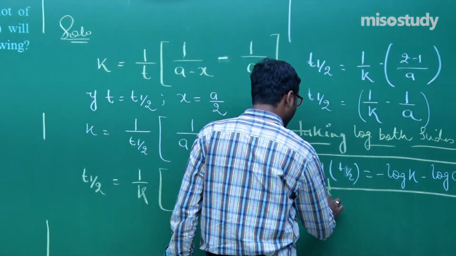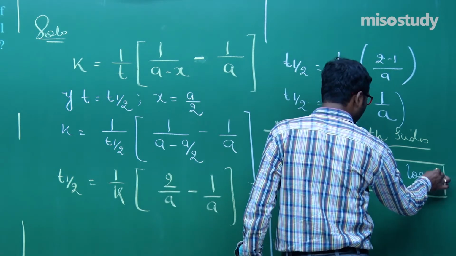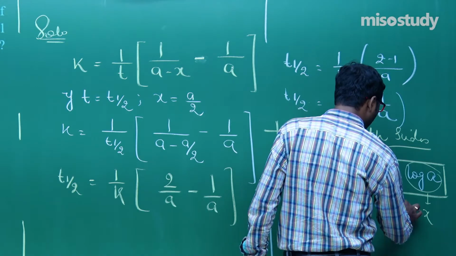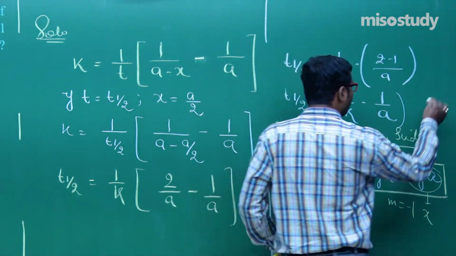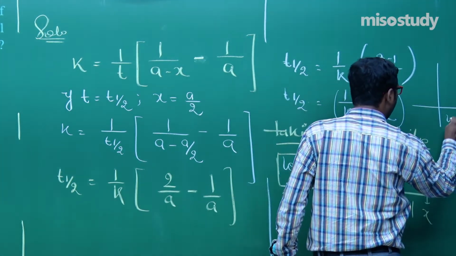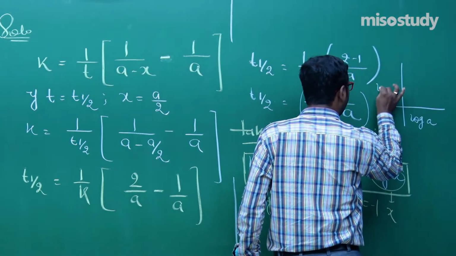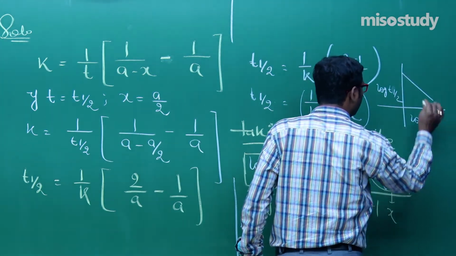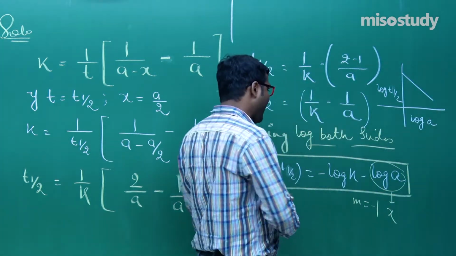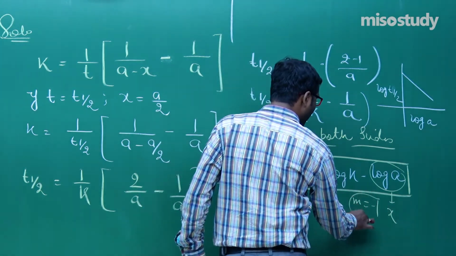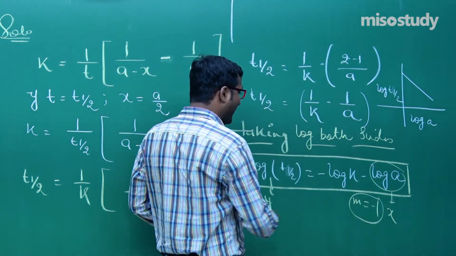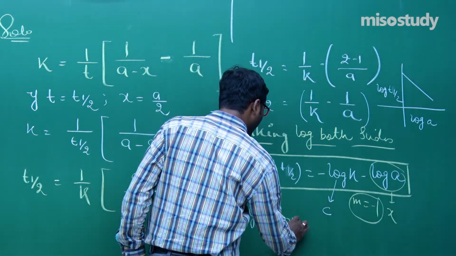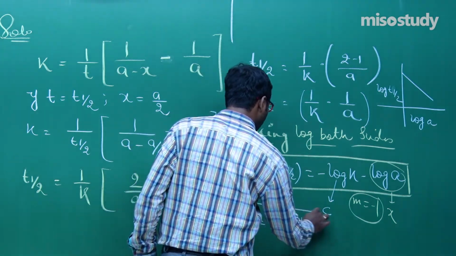This one is definitely y and this one is definitely x, and the slope m is minus 1. If I draw the graph of log a and log t half, the graph will be like this, and this one is m according to the question, and this one is c, because y is equal to mx plus c is the expression.